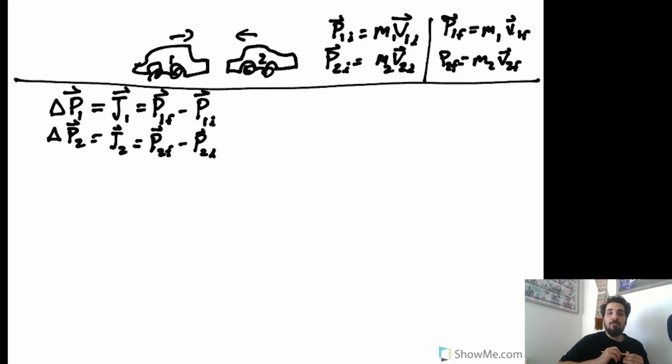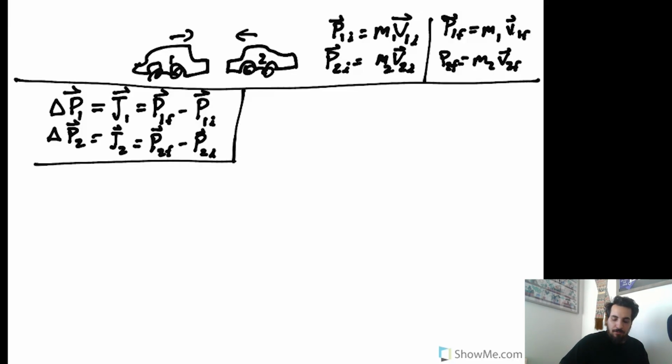So we have our 2 momenta quantities and our 2 changes in momentum. That's really what we're going to be concerned with here, right? Because we want to know, how does the motion change? How does the interaction of our impulse cause a change in our motion? That's what we're concerned with. So we go a little bit further and we say, well, how can we define those interactions?